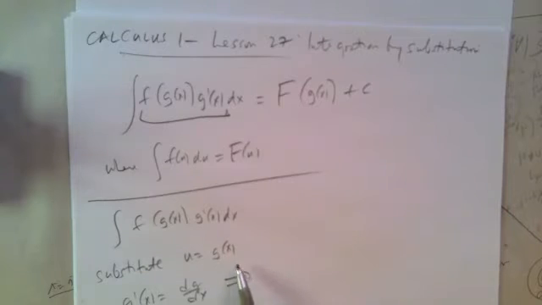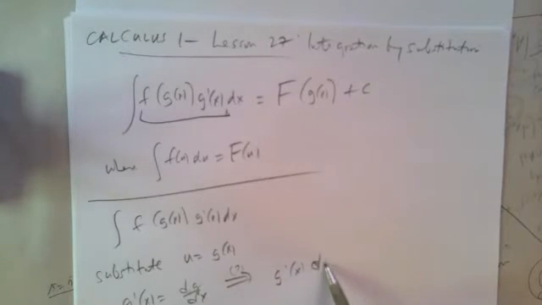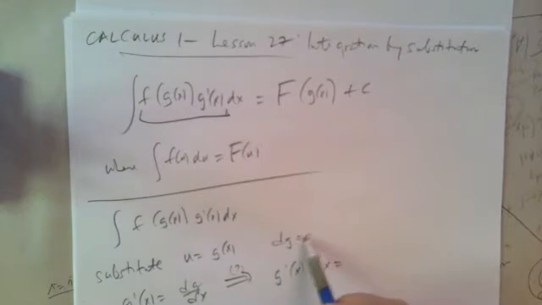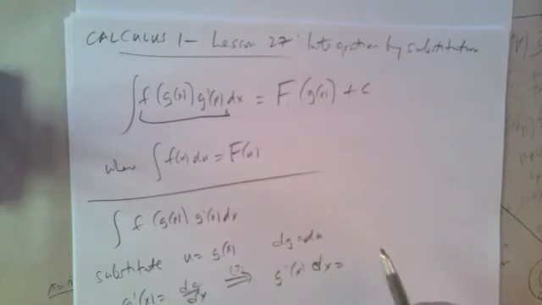Imagine this to be a fraction: g prime of x times dx is dg. But g is the function u. This is du.